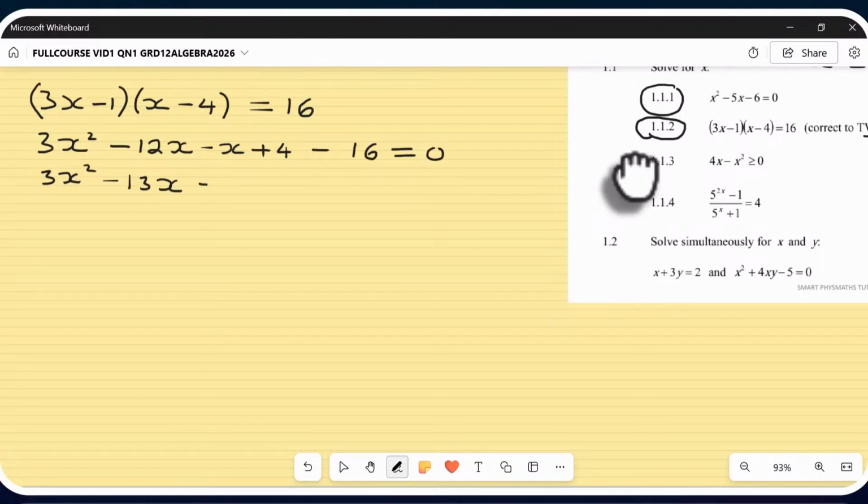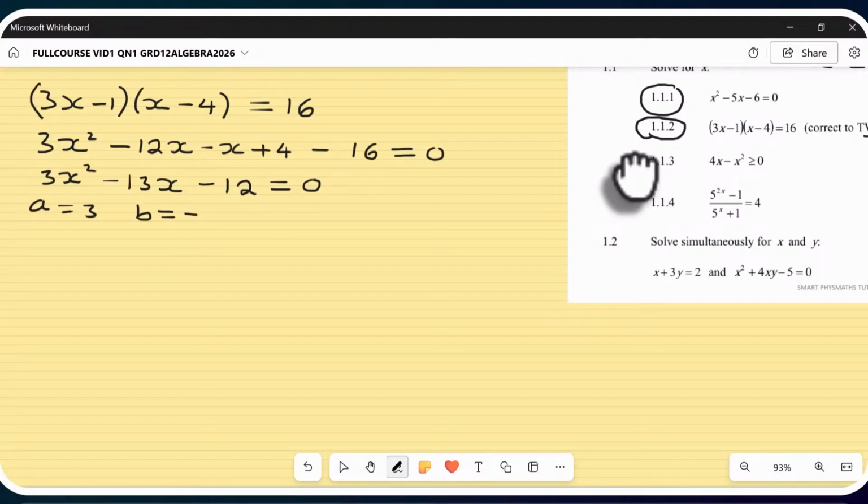Because we want two decimal places, we are going to use our quadratic formula, whereby our a is 3, our b is negative 13, and our c is negative 12.